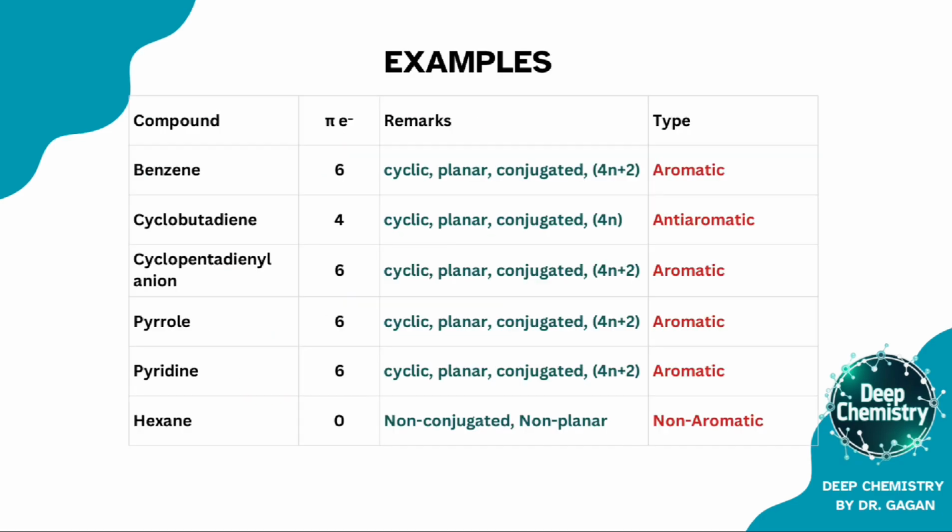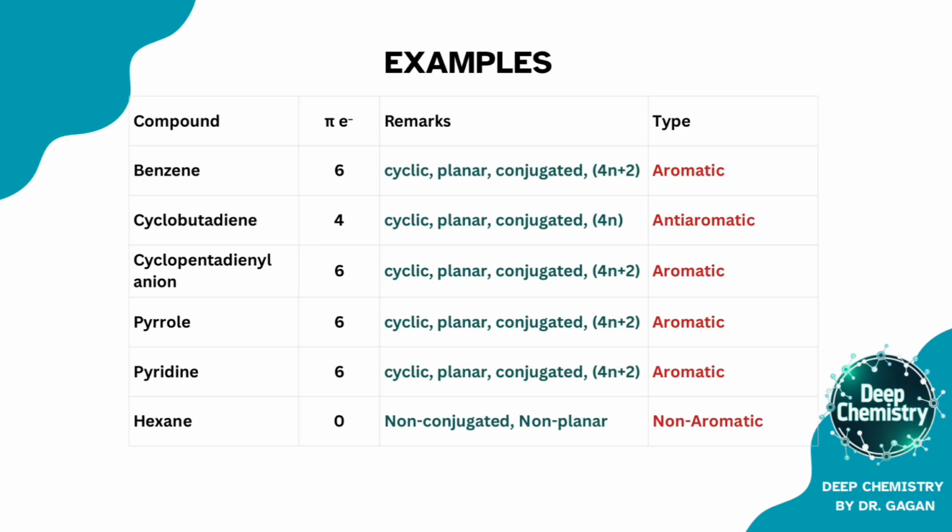Let's understand by examples. Benzene with 6 pi electrons is cyclic, planar, conjugated and follows Huckel's rule, so it is aromatic. Cyclobutadiene with 4 pi electrons is cyclic, planar, conjugated but does not follow Huckel's rule, so it is non-aromatic.